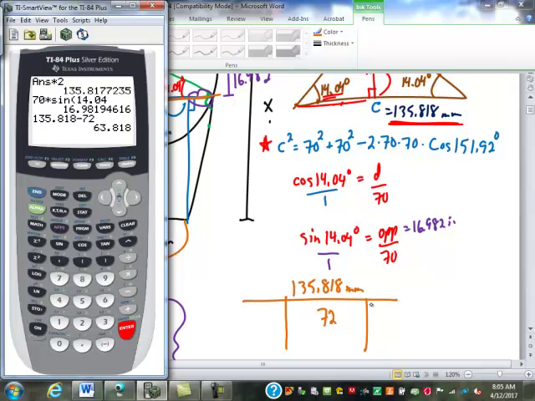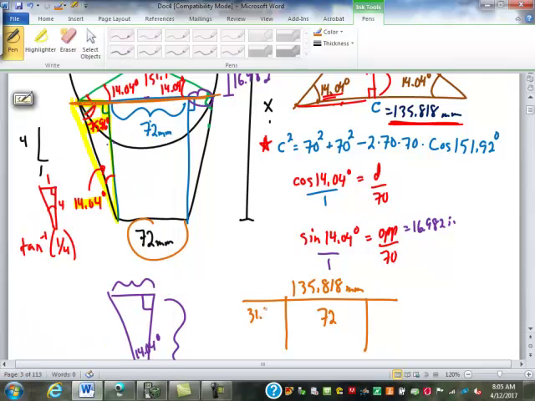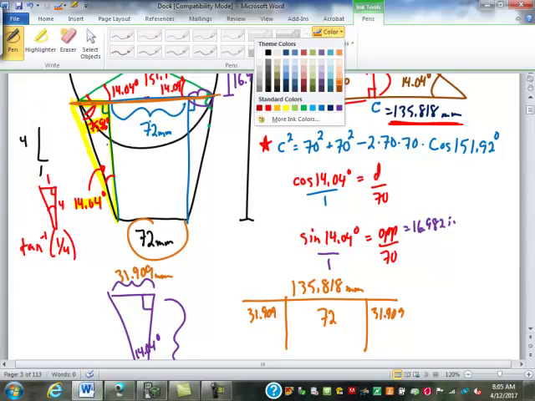And that has to be centered because the angles are the same on both sides. So I'm going to divide by 2. Gives me 31.909 here and 31.909 here. So this side is 31.909 millimeters. Now that we know that, we can find the height.